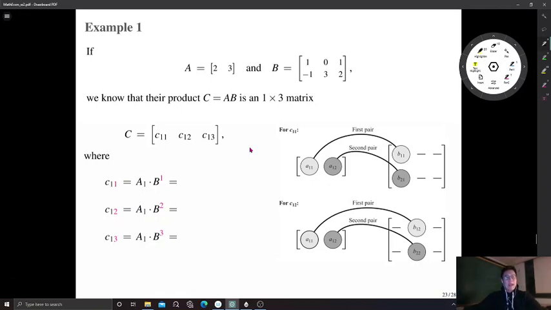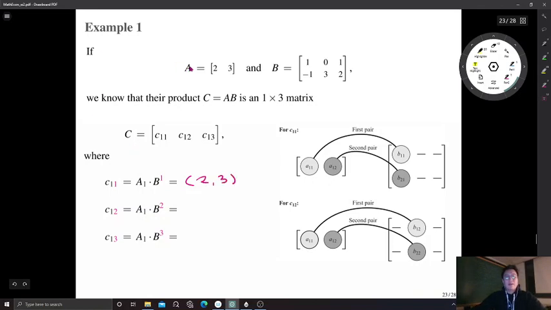How do we compute the first entry, C sub 1,1? That's going to be the dot product of the first row vector of matrix A and the first column vector of matrix B. The first row vector of A is (2, 3), right?